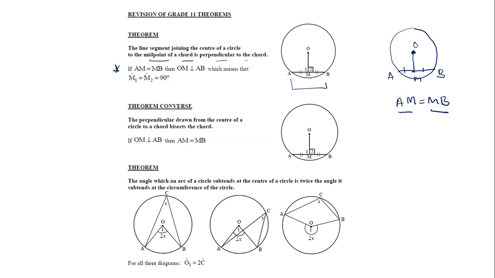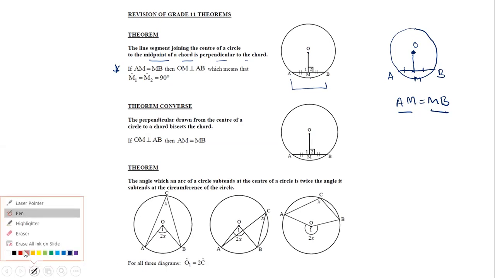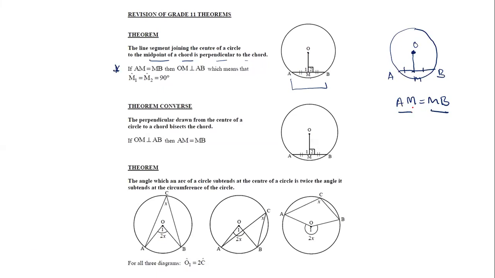So according to this theorem, if this is the case, what does that mean? That means OM will be perpendicular to AB. If this is the case, then this is the scenario. Okay?